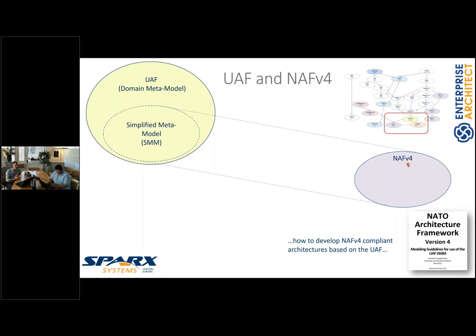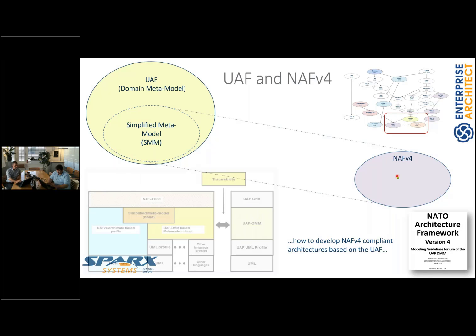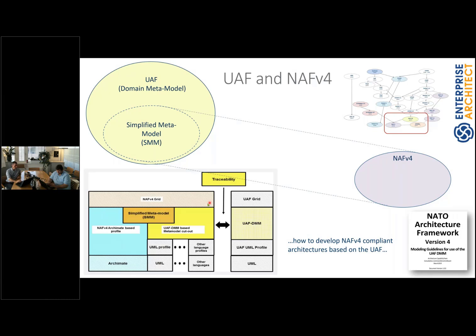Many of the language concepts appear in UAF the same way as they appear in the NATO Architecture Framework. The mapping is described in this document, so you see that the NATO Architecture Framework grid is somehow traceable to the UAF grid. Both languages are UML based.